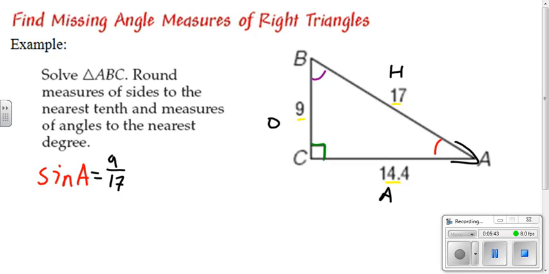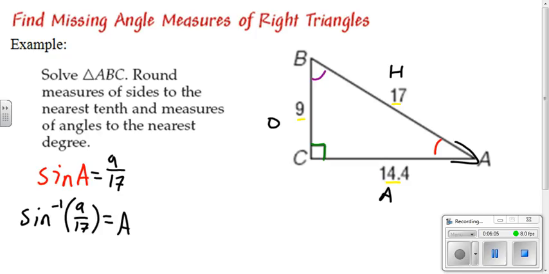Now to get A alone, there's a function or a button on your calculator called the arc sine, or on some calculators it might look like sine with a little inverse there. So we would use the arc sine of 9/17 to equal A.